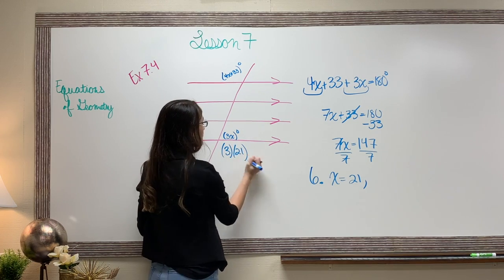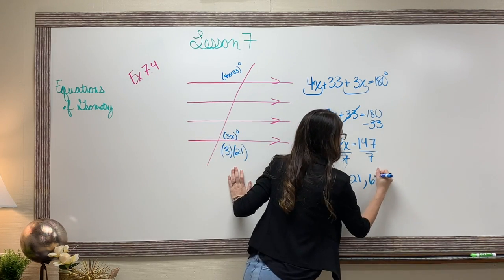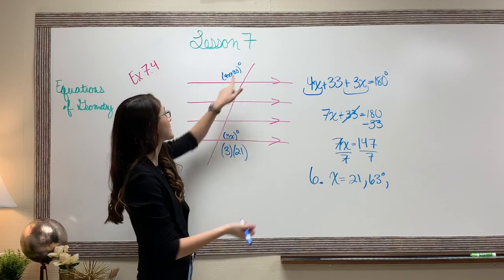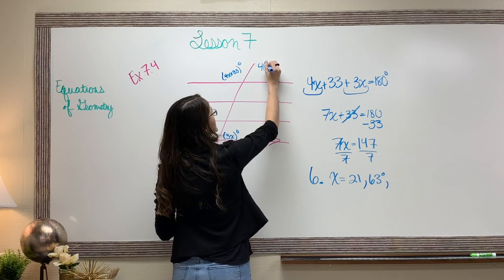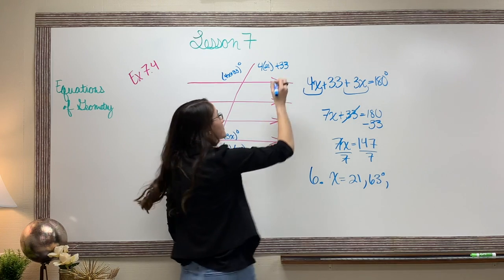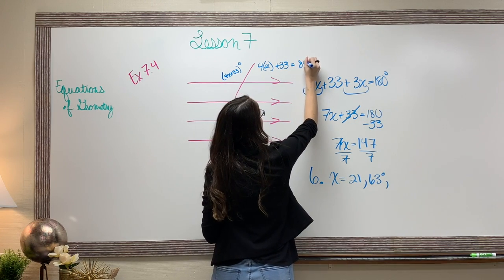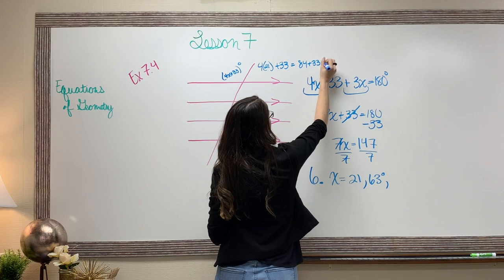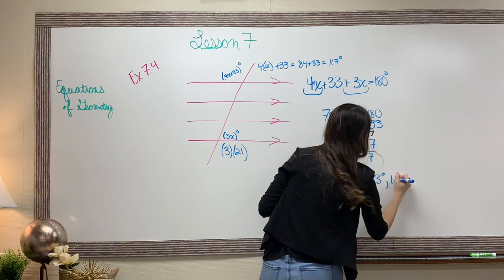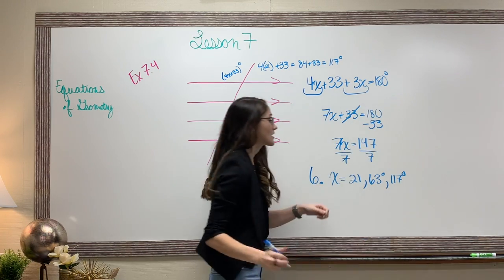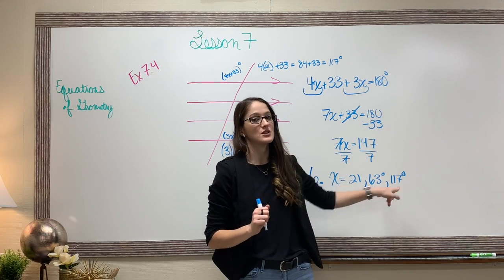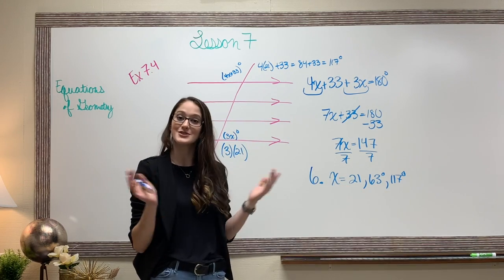So 3 times 21 is going to be 63. So 63 degrees, and then I'm also going to take 21 and plug it in here. So we have 4 times 21 plus 33. So 4 times 21 is 84 plus 33 is going to be 117 degrees. Okay, to double check my work, I can add these two angles together, and when I do, they should equal 180, which they do. So I'm done.